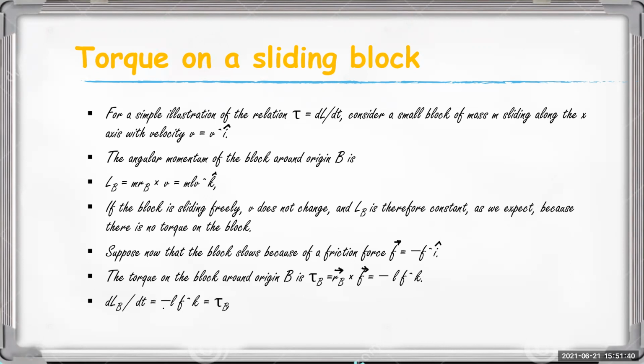So dl by dt, this is equal to what? dLb by dt. Because we know that torque tau is equal to dl divided by dt, dLb by dt is equal to minus L F k cap. So both expressions are the same.